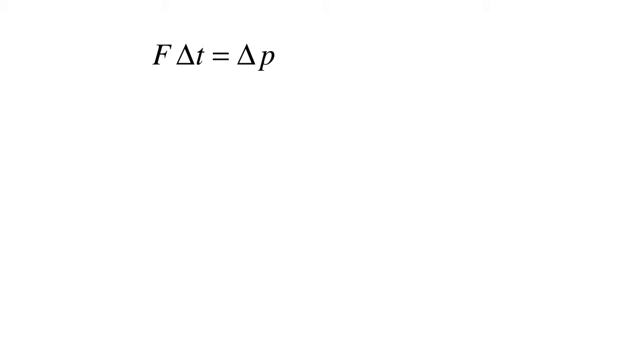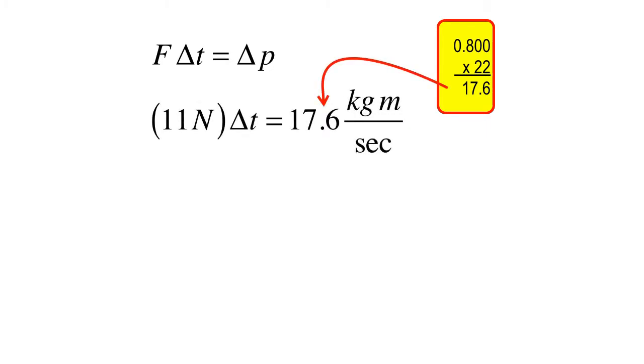On the right side, you have some momentum, 17.6 kilogram meters per second. And so there's my right side. And the left side, we already know it's 11 newtons. Just so you know, I've pre-canceled the negative signs.